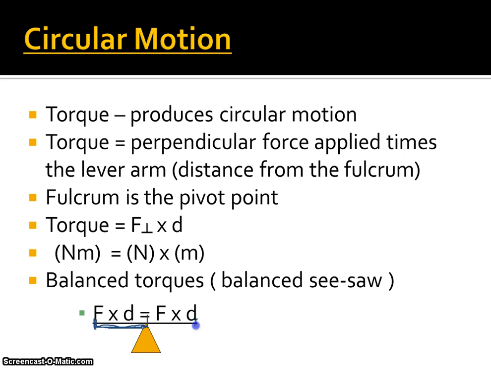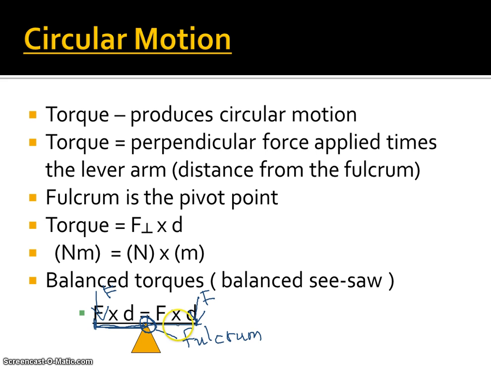And on this side, it's maybe that side to this side, as long as the force is being applied at the end. This little spot right in here is the fulcrum. That's the pivot point. And if you have a force pushing down on this end and a force pushing down on this end, if those forces are equal and the distances are equal, nothing's going to happen.